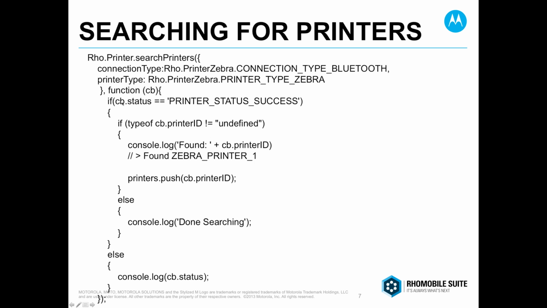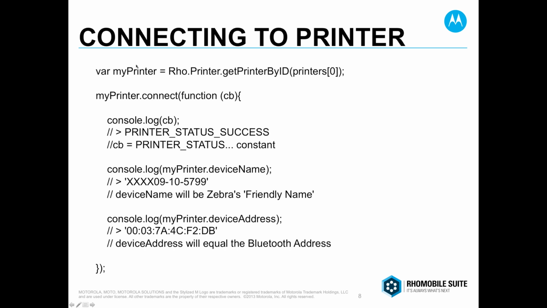Obviously, you should generally be checking for status, and if there's an error, doing some kind of intelligent handling, not necessarily just logging it. One of the key things is that you want to get this printer ID, because we're going to use that later. If you find more than one printer, you might want to throw up something that lets them choose, but that would be up to you. So that's what we're going to do to find the printer ID.